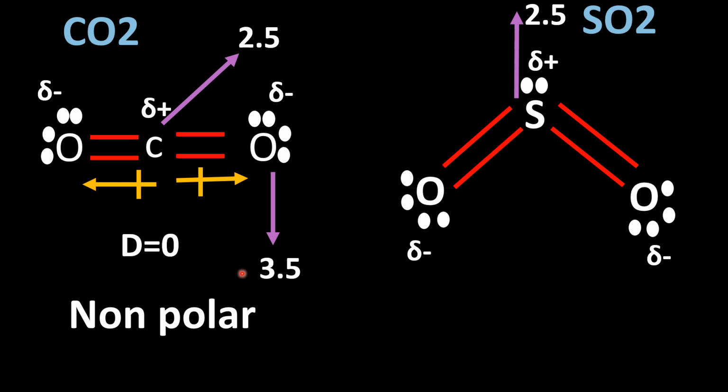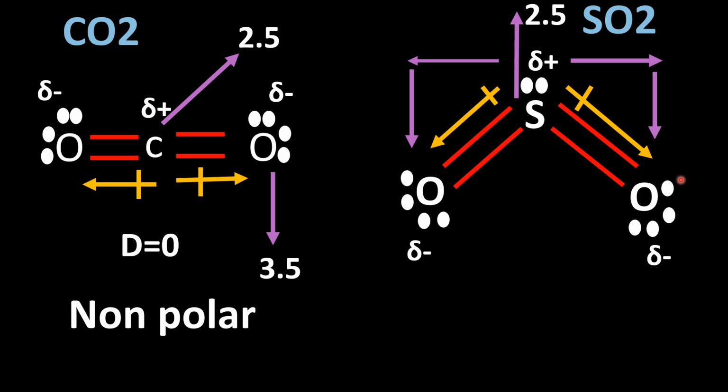Now if we look at sulfur dioxide, the dipole moment points from sulfur to oxygen. But the dipole moments are not going to cancel each other. Although the x components of both dipole moments, which point in opposite directions, will cancel each other, the y components are going to add up.